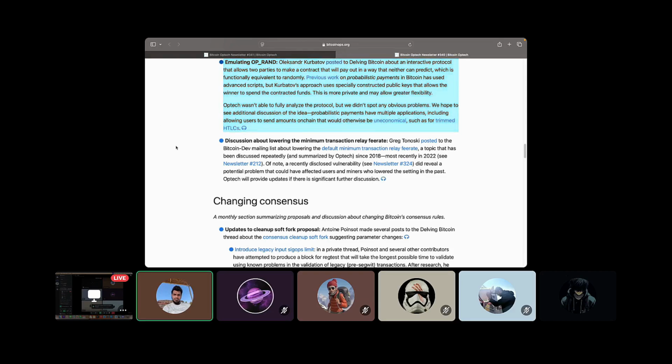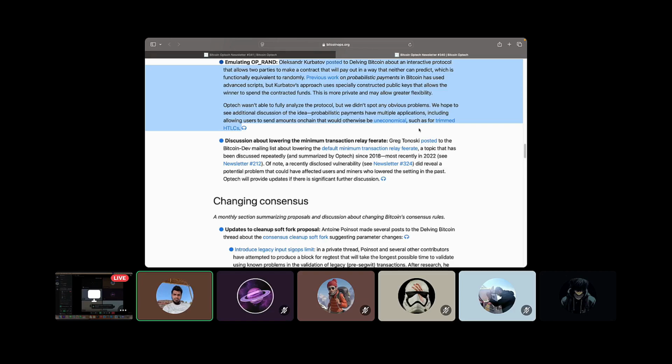So, emulating OP_RAND. OP_RAND is basically a proposed opcode, and as the name suggests, to induce randomness in Bitcoin script. Alexander Kurbatov posted to Delving Bitcoin about an interactive protocol that allows two parties to make a contract that will pay out in a way that neither can predict, which is functionally equivalent to randomly.